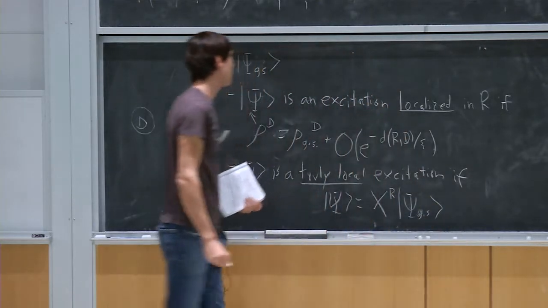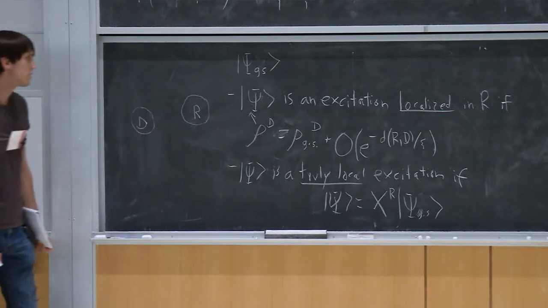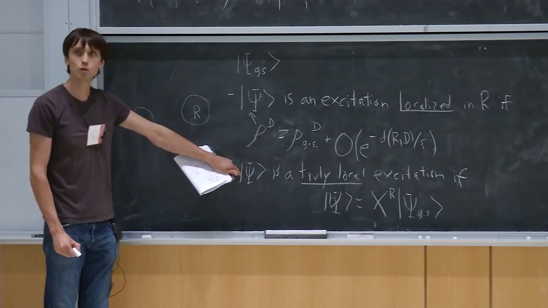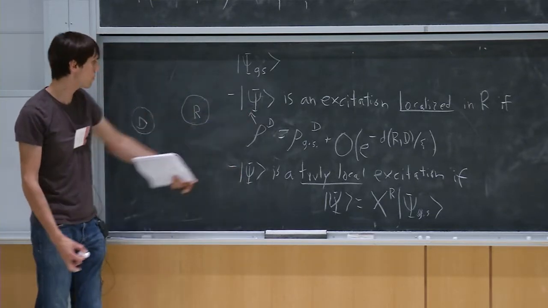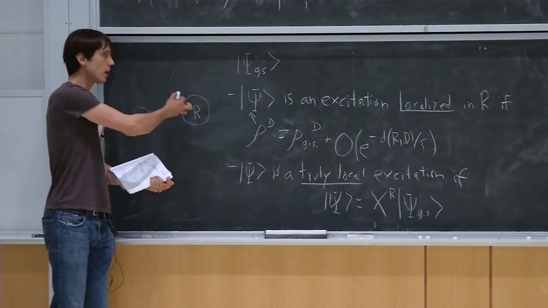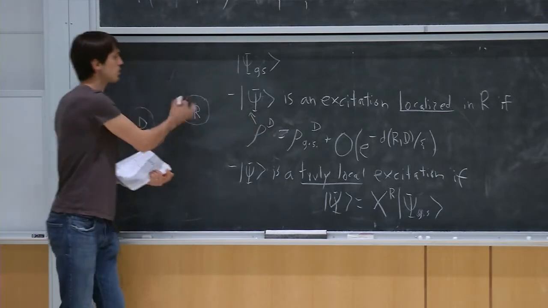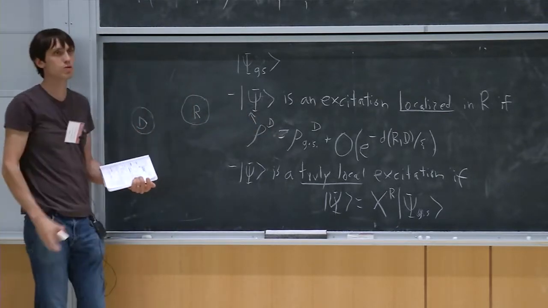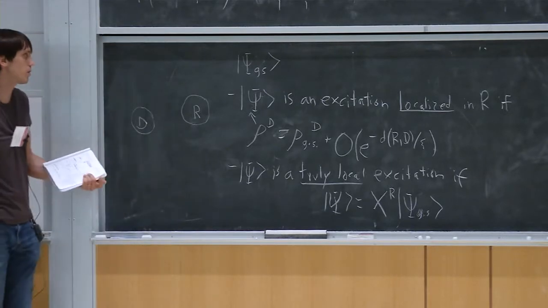Certainly all excitations which are truly local, according to this definition, are localized, because I only mess with the spins in R. I hit the ground state with some operators which flip spins in R. I haven't messed up anything far away from R, so the reduced density matrices far away from R are all the same.